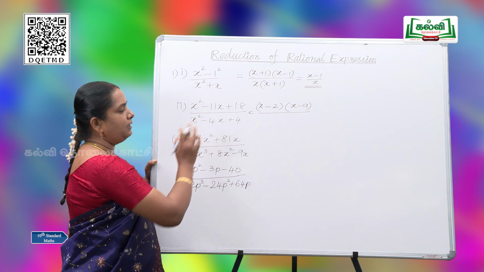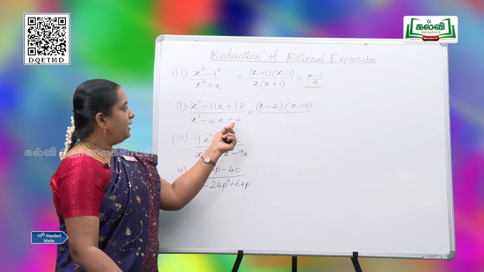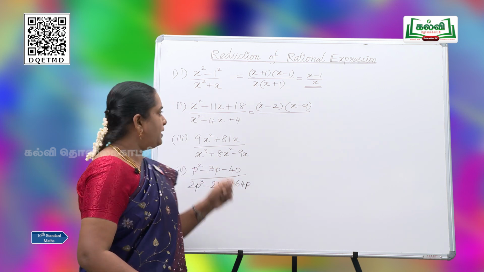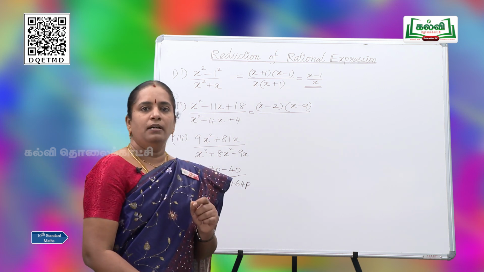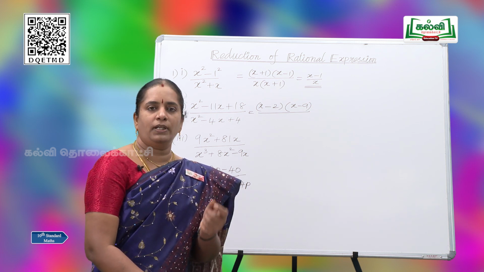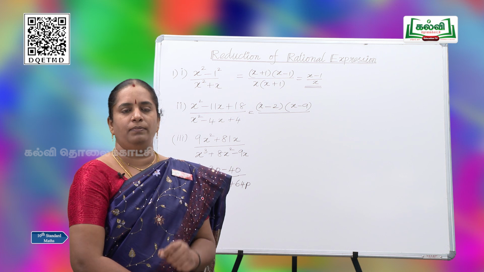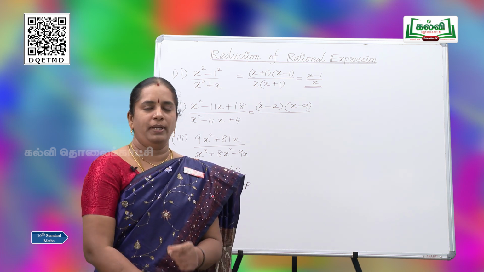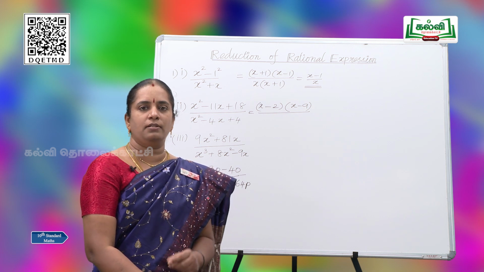Okay. See the denominator. So, here the product of the second terms is 4 and the sum of the second terms is also 4. It is negative 4. So, what are the two numbers whose product and sum are 4? Yes, very good. 2 and 2 will make 4 and 2 into 2 is also 4.